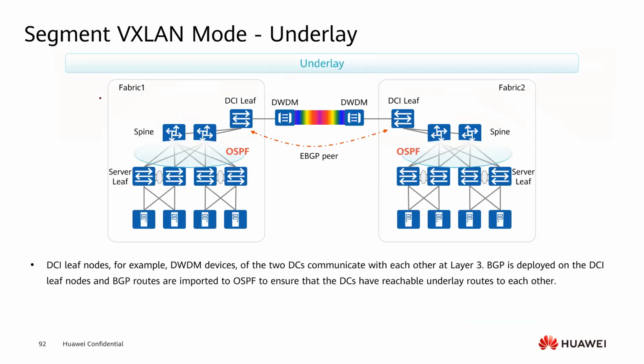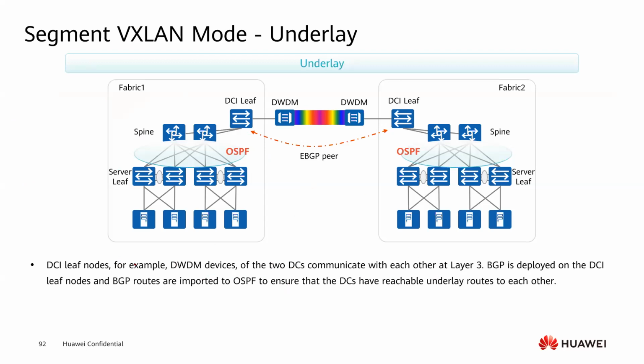And now we need to look at what the segment VXLAN mode is. For the underlay of the segment VXLAN, we need to make sure the devices, I mean the DCI leaves, can communicate with each other at level 3. But what way you use depends on you.